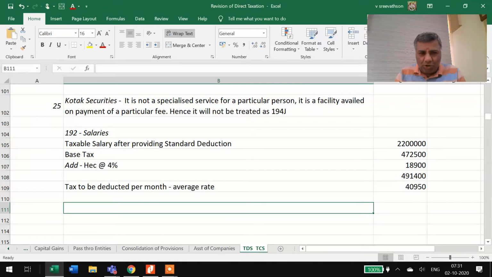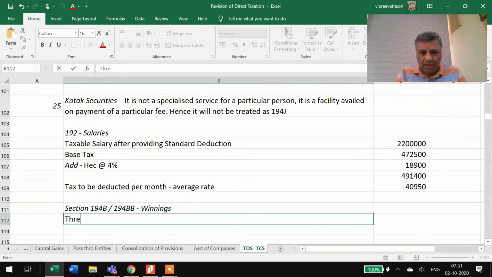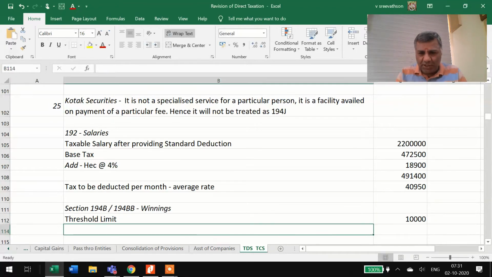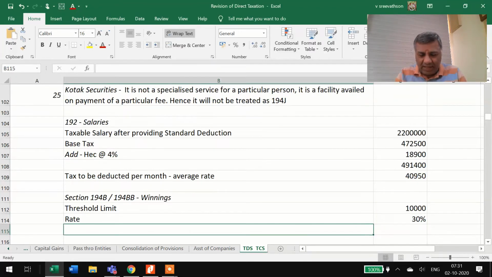This is one thing which I want you to recollect. I also want you to recollect, though I have done part of it, section 194B and section 194BB. Winnings: one is for horse race, another for other winnings. The threshold limit, my dear friends, is 10,000 and the rate is 30%.